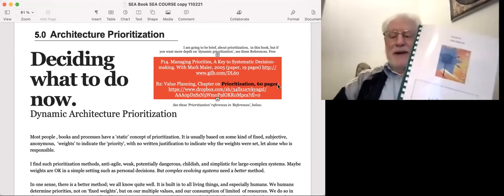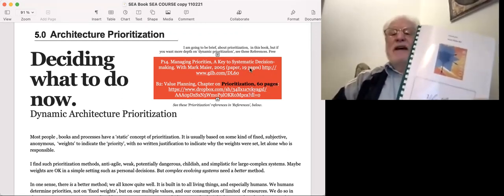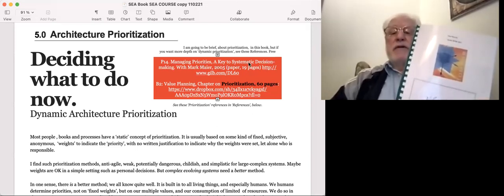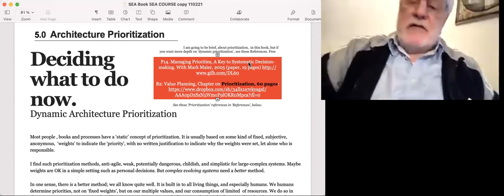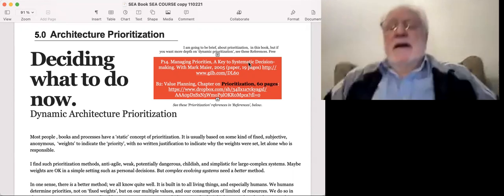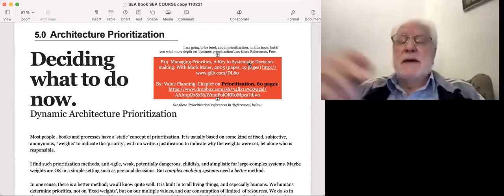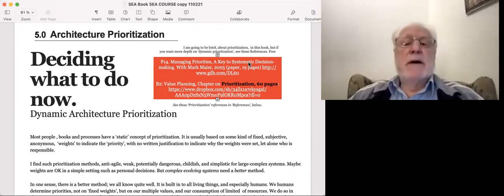Sorry, the Value Planning book is 60 pages. It sounds more like it. There's the link. And there's a nice shorter paper on managing priorities, the key to systematic decision making. So that's sort of background. You'll find both of those in the references at the end of the C book.